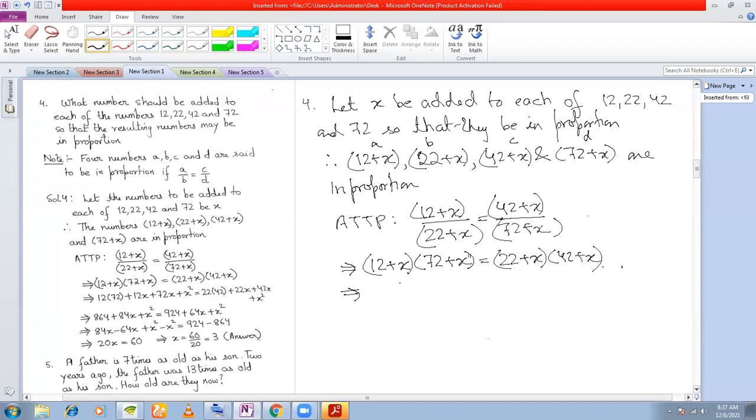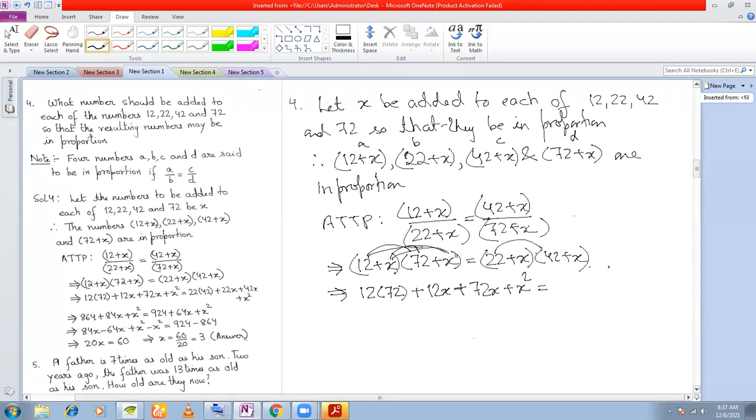Now you multiply 12 plus x into 72 plus x. So how do you multiply? First multiply 12 with 72, 12 into 72 you get, right? Then multiply 12 with x. Then I'll multiply x with 72, that is 72x, and finally I'll multiply x into x, that is x square, equal to, and now I'll multiply 22 into 42 plus, now I'll multiply 22 with x.